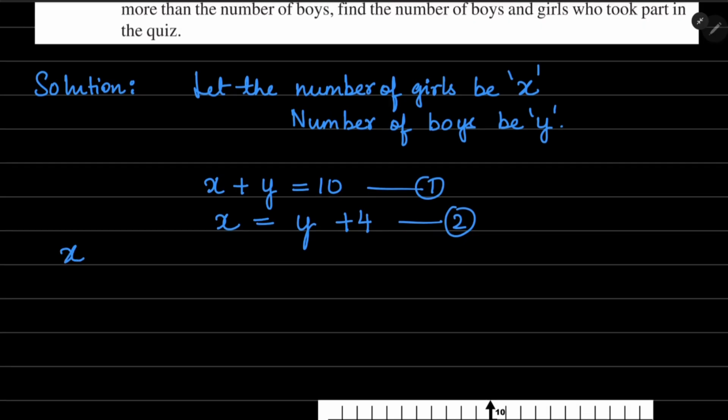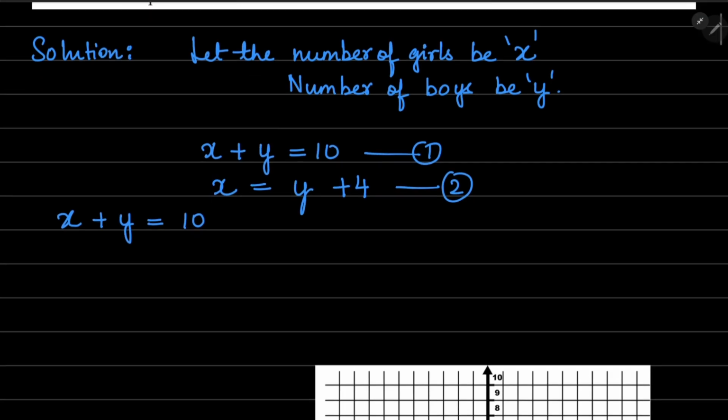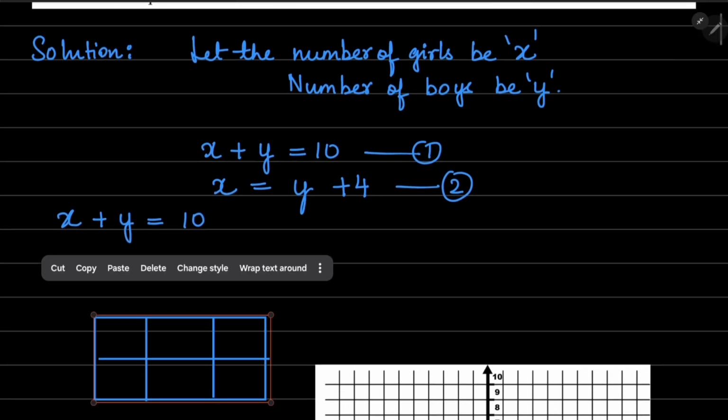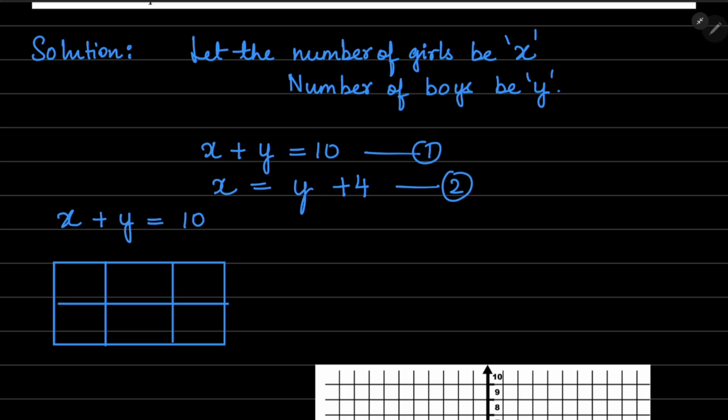In order to draw the graph, let us first find out the points. Minimum 2 points are needed. So let me take x and y. Suppose your x is 5, for example. What will be y here? If x is 5, plus y equal to 10, then y is also equal to 5.